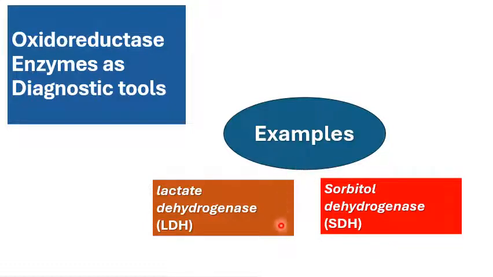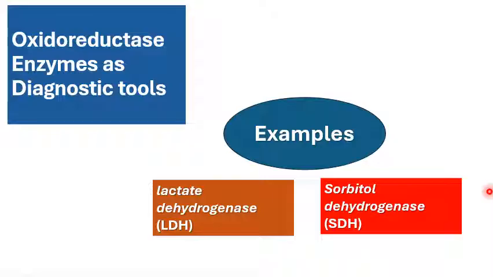For example, we have the lactate dehydrogenase and sorbitol dehydrogenase. These two examples are enzymes that are released intracellularly. The lactate dehydrogenase is released during apoptosis or necrosis.